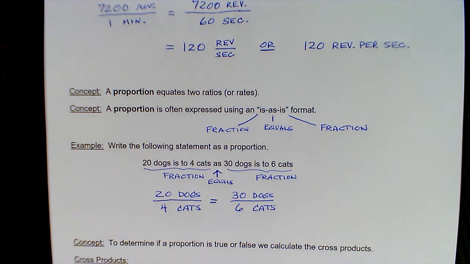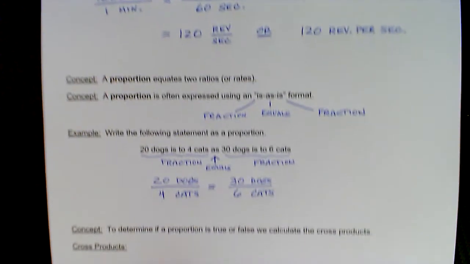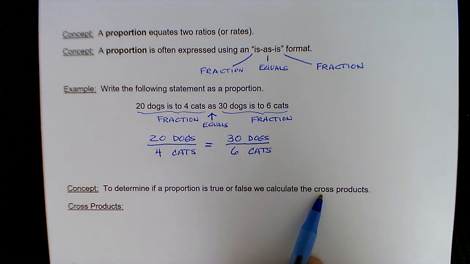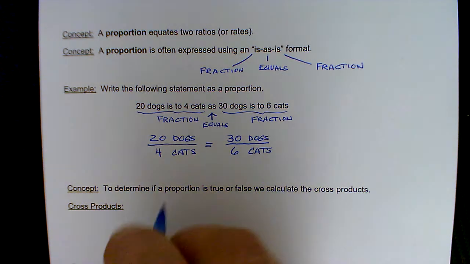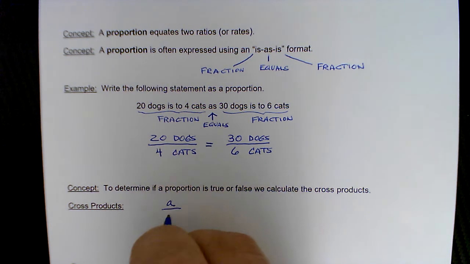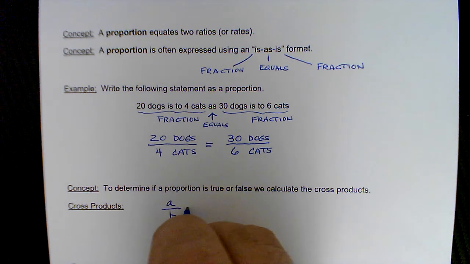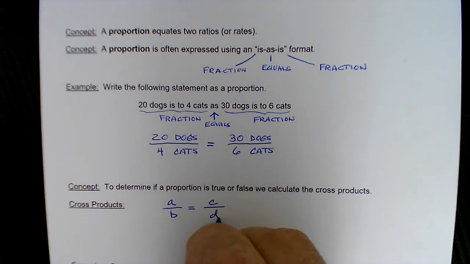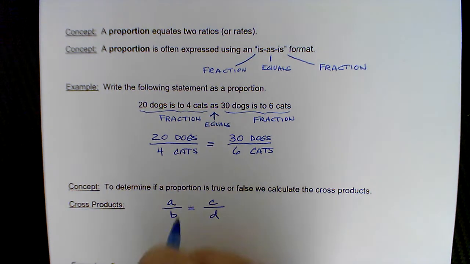And before we do, we consider this concept: how to determine if a proportion is true or false. We calculate what we call the cross products. So I left this blank because it's important to write it out. If A, B, C, and D are real numbers, we could say A over B equals C over D. And then here's the cross products.